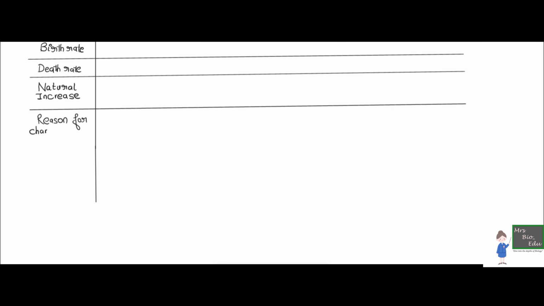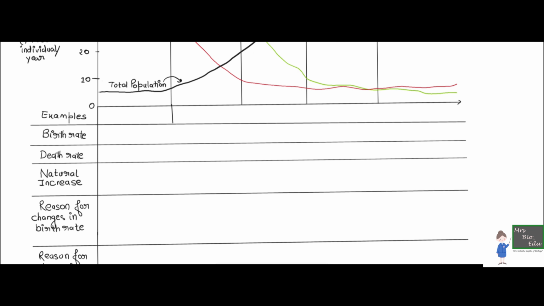What should we change if we want to change the birth rate of a country, or the death rate of a country, so that the growth of the population can change? All those factors are compared here for understanding, and we are going to start one by one.